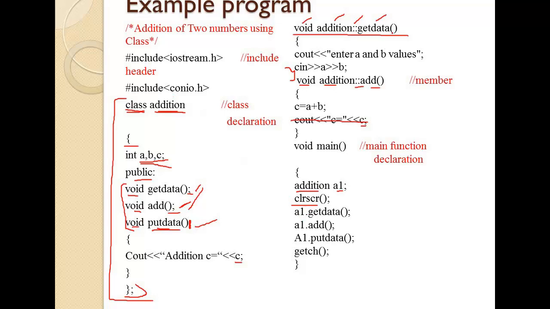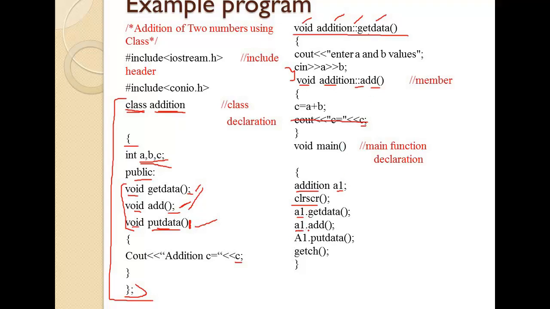First I need to get data from the user. The input can be obtained by calling the get data function. With the help of the object name, we can call get data, and it is a1 dot get data. Once the input is obtained from the user, we need to go for addition, which is available inside the add member function.